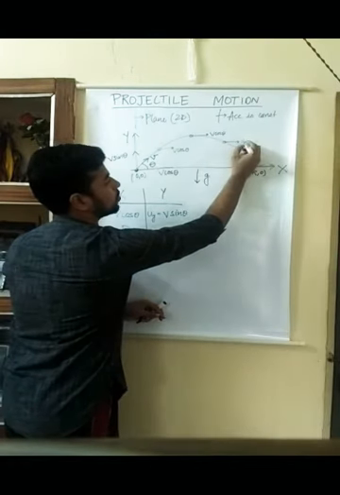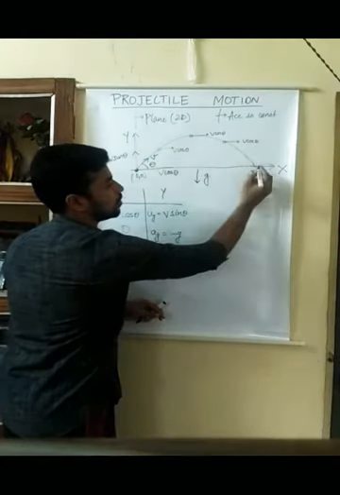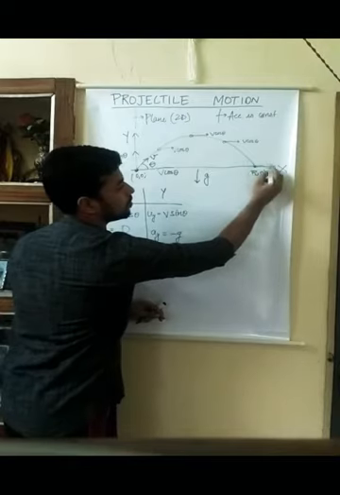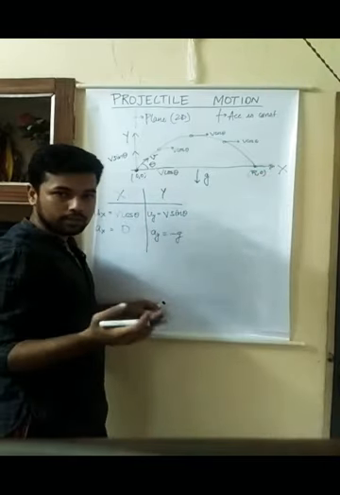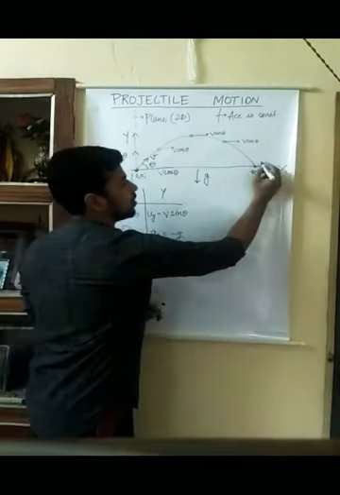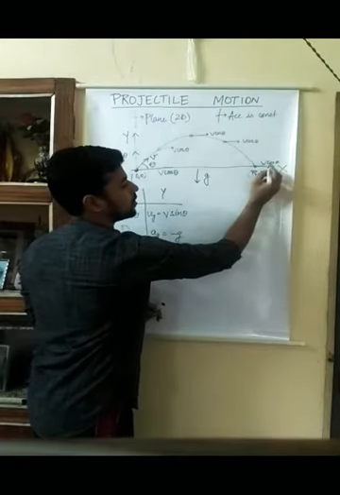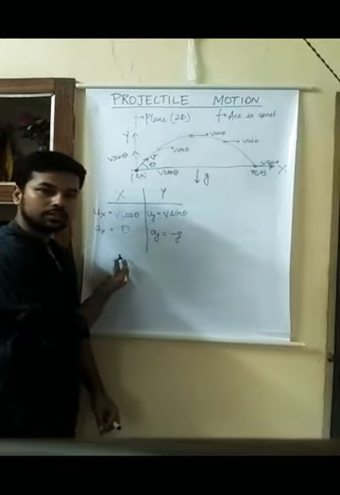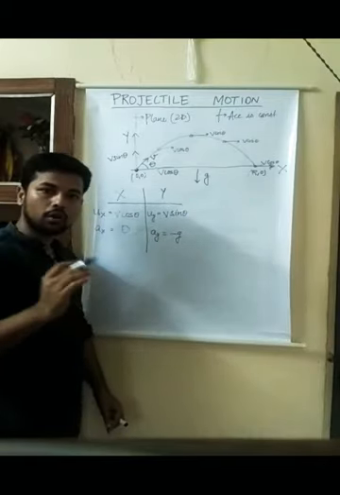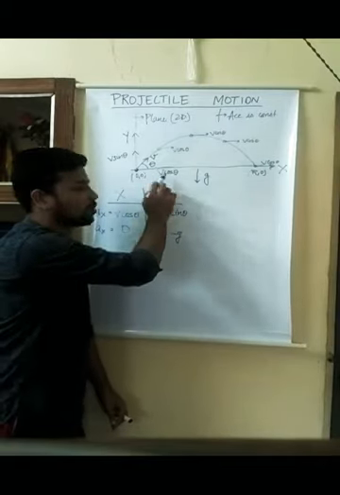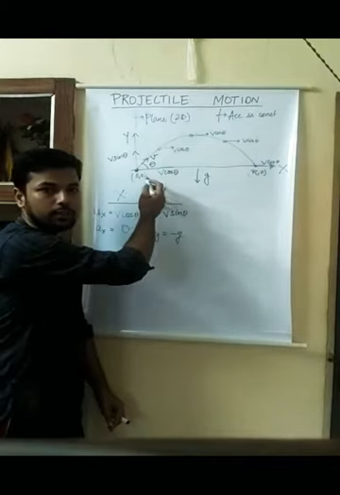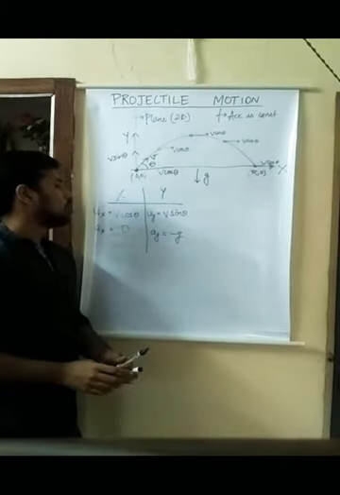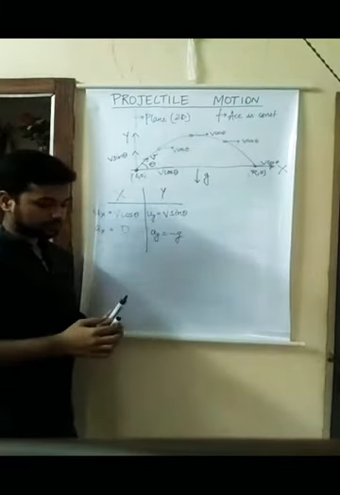Over here also v cos theta. Similarly, when the particle reaches the bottom, right before it collides with the surface, the velocity is still v cos theta in the x direction. So since acceleration in x is 0, the x velocity is always v cos theta, which was initially the velocity of the projectile.